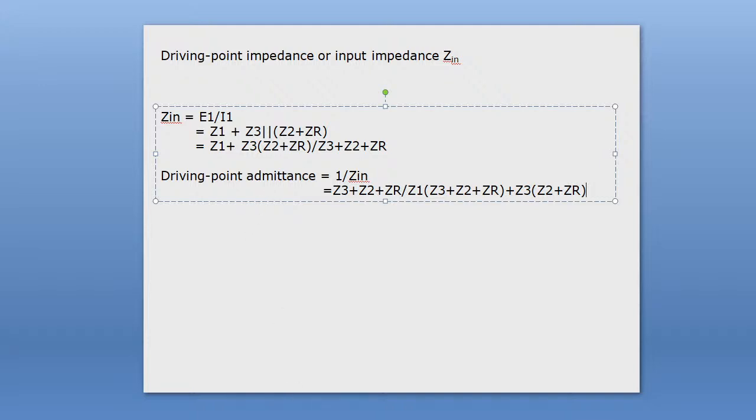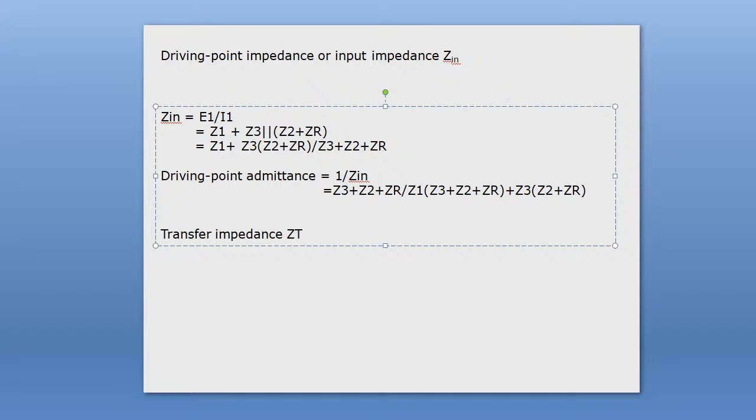Okay, so now let me derive the expression of transfer impedance, Z12.